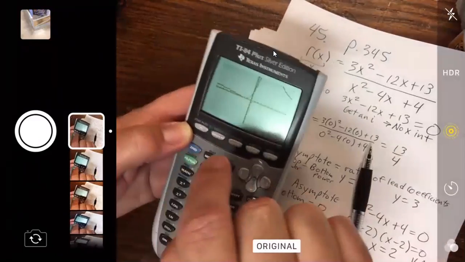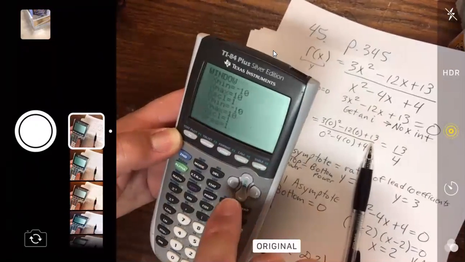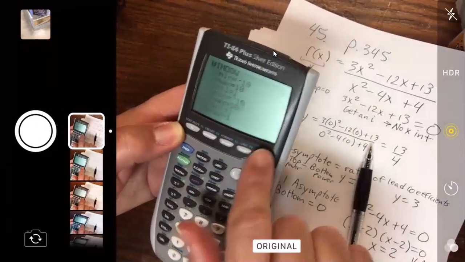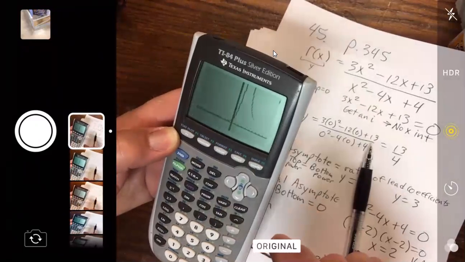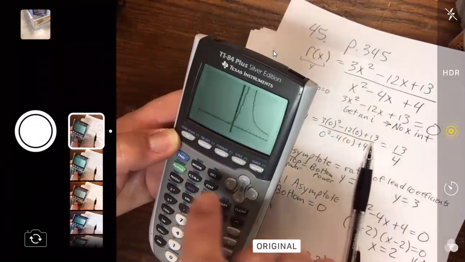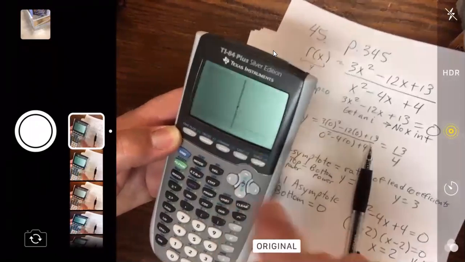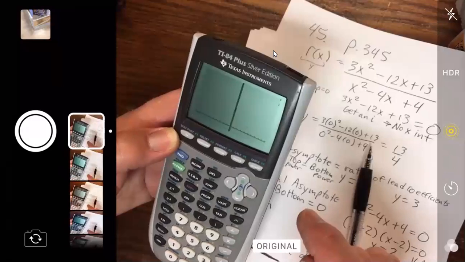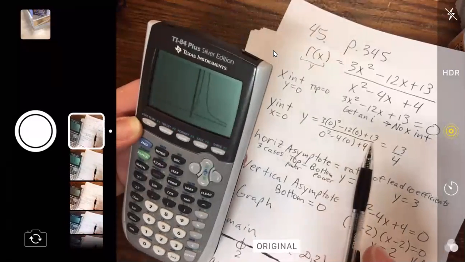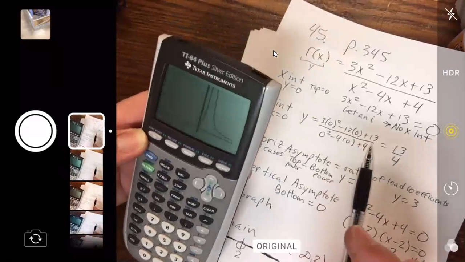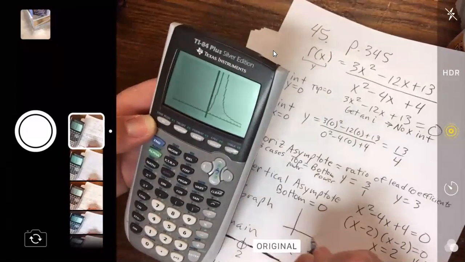Let's just make sure that's happening. Window y. I don't know how high on the y max I've got to go. 50. It wasn't quite good enough. 100. Isn't good enough.